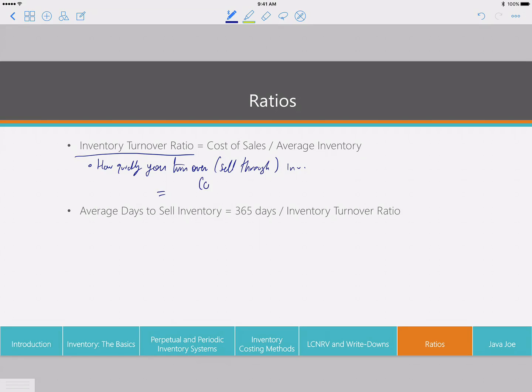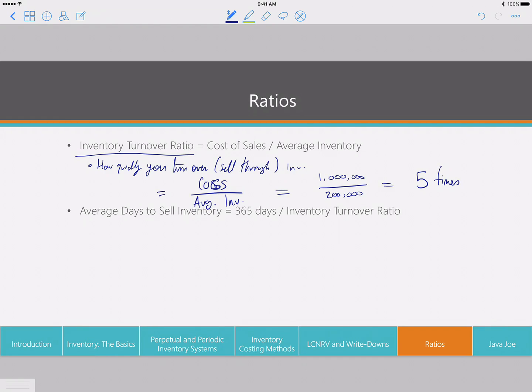So it's your cost of goods sold divided by your average inventory. So let's say your cost of goods sold for the year was 1 million, and on average you had $200,000 of inventory. Your ratio would be 5. You, on average, sold through your inventory 5 times that year.